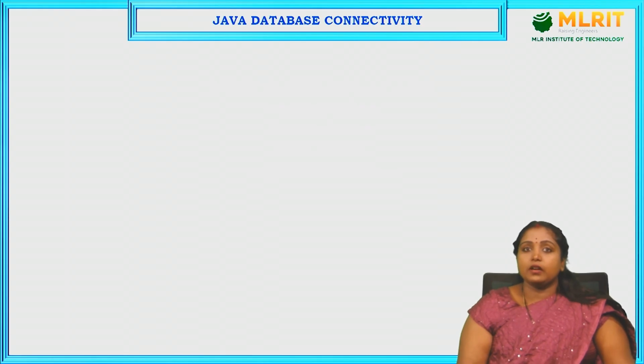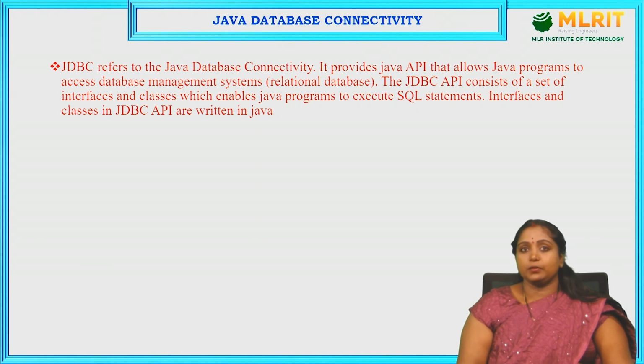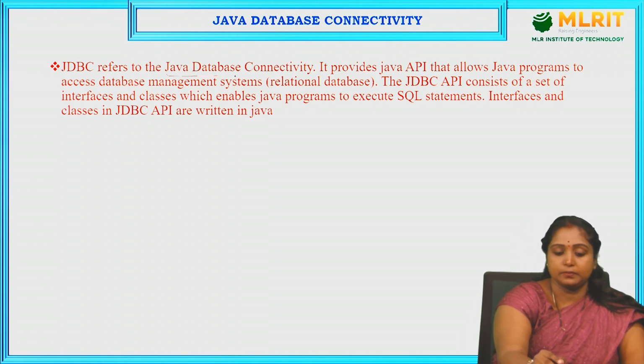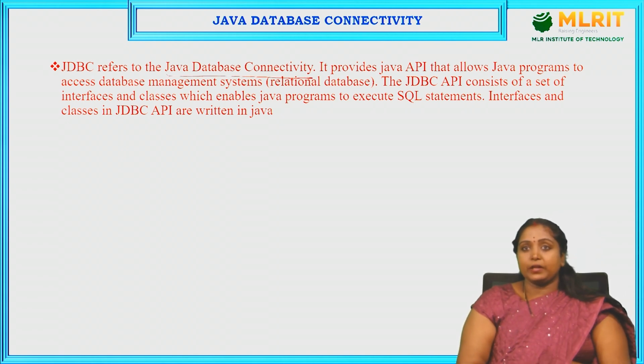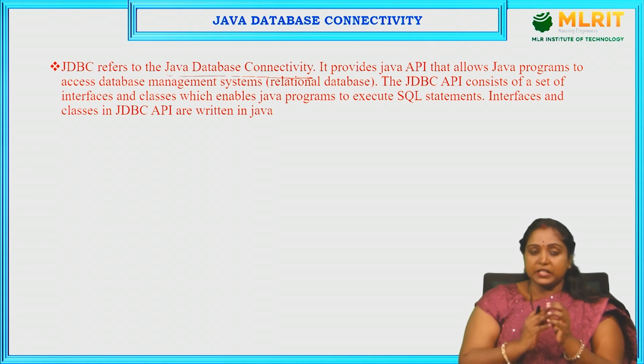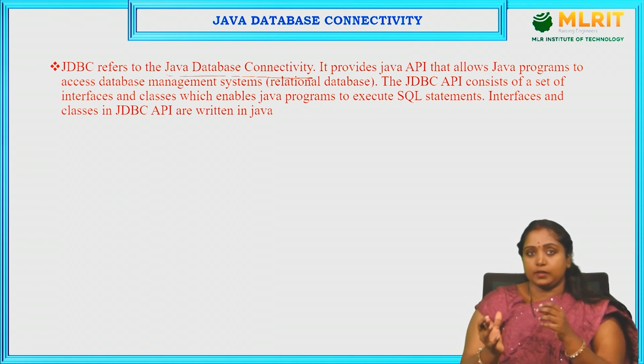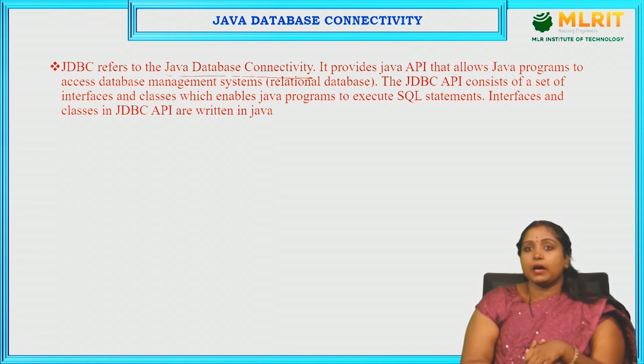Coming to Java Database Connectivity. What is JDBC? JDBC refers to Java Database Connectivity. It allows our application, our program, to interact with a database management system. What is a database management system?